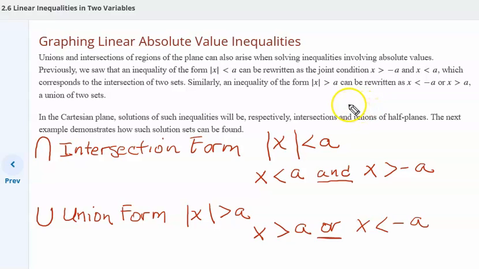Now, in a graphing situation on a horizontal line, this would look something like that. And on a horizontal line, this would look something like this. In other words, these are a conjunction and a disjunction, but I don't know if we're going to use those words or not.